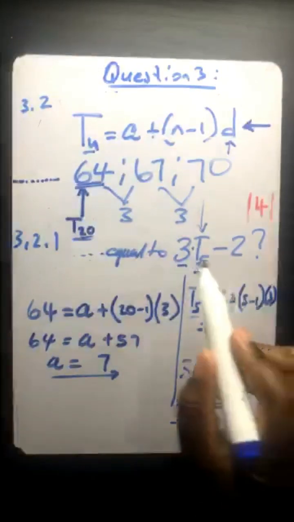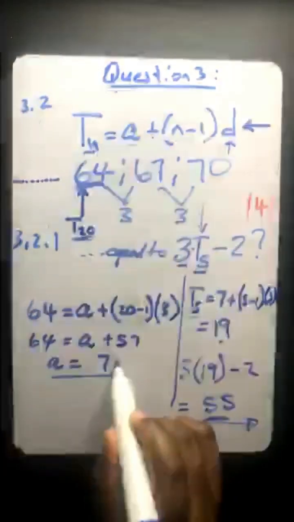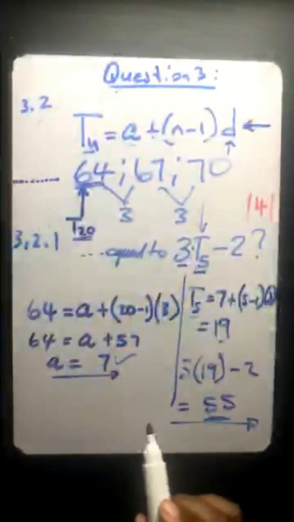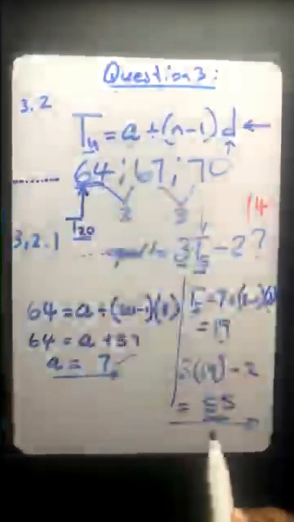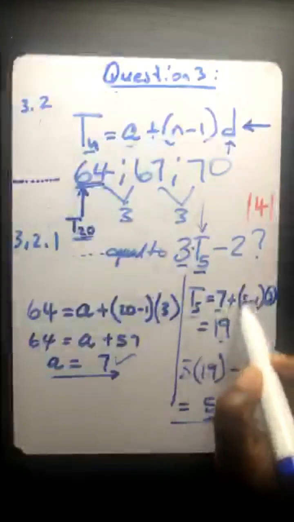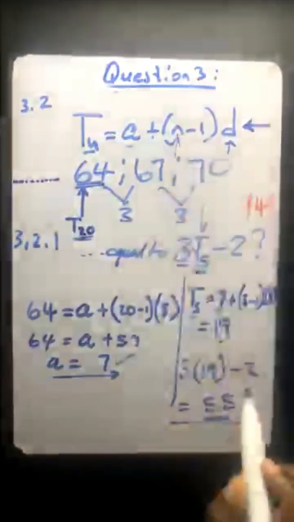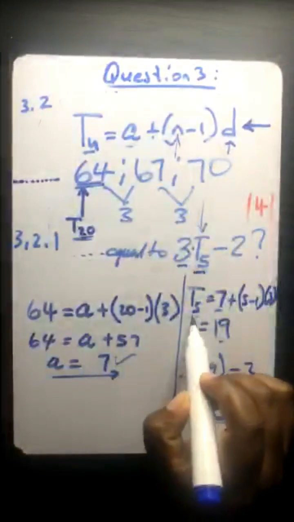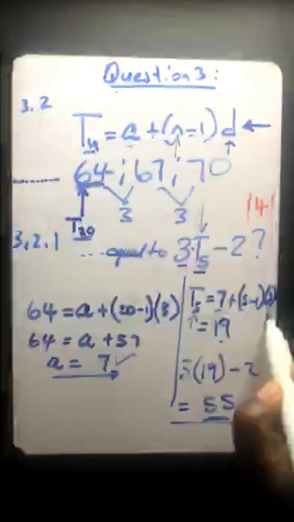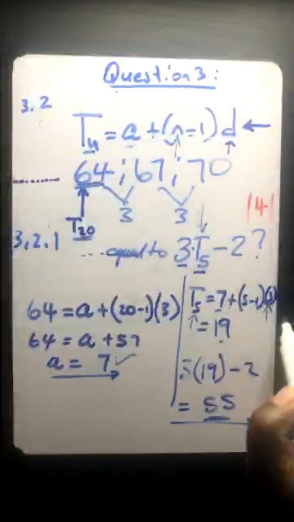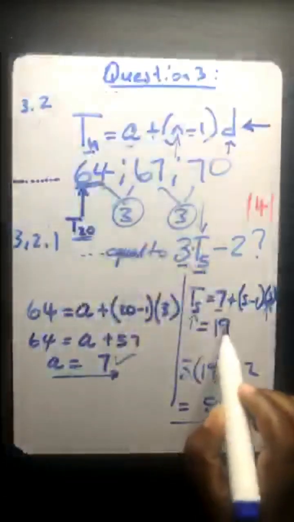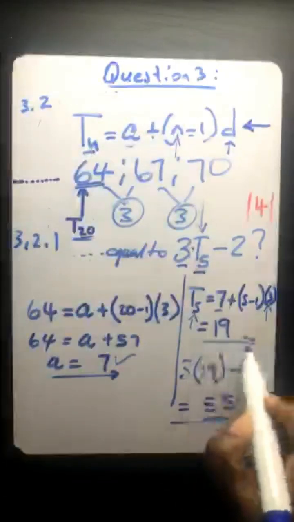So the A value, we just calculated it there because you guys said we don't have everything to substitute. So we had to firstly calculate the A value. Now that we have it, we know it is 7 plus, where we see n, we substitute 5. Then you minus 1 from the formula. D is 3, the difference. Then when you punch all of that, you get 19.